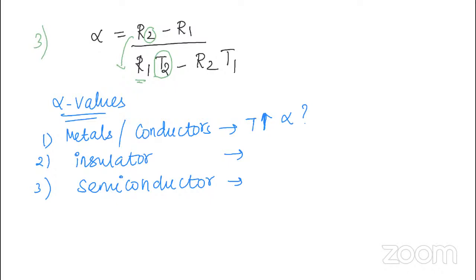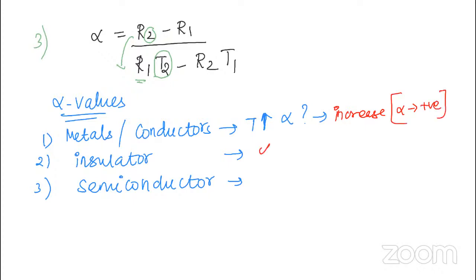Yes, you may chill now. When we apply heating to conductors, what will the value of alpha be? Either it should increase or decrease. As temperature increases, alpha for the conductors increases. So the alpha value becomes positive.